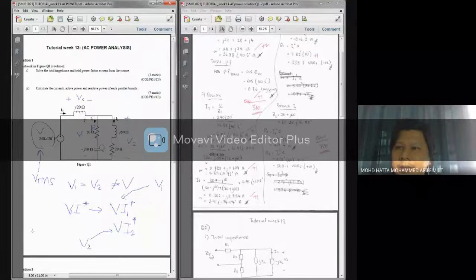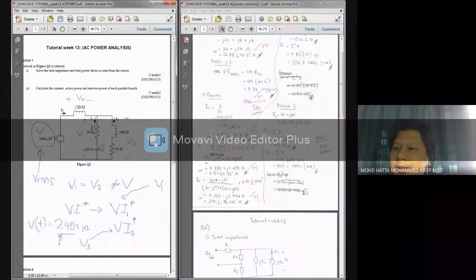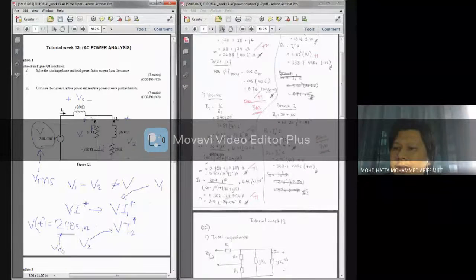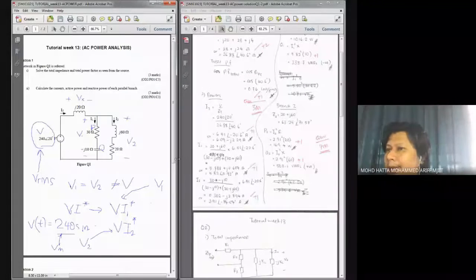If it is given in, for example, let's say we have v(t) = 240 sine blah blah blah, this one is our maximum value and we need to convert it into an RMS value. Okay, now did I answer your question, Nathan? Okay, right.